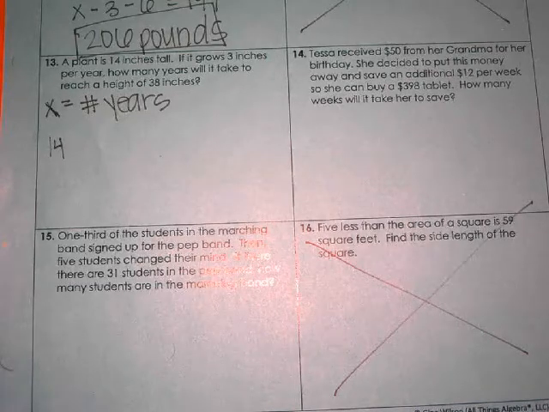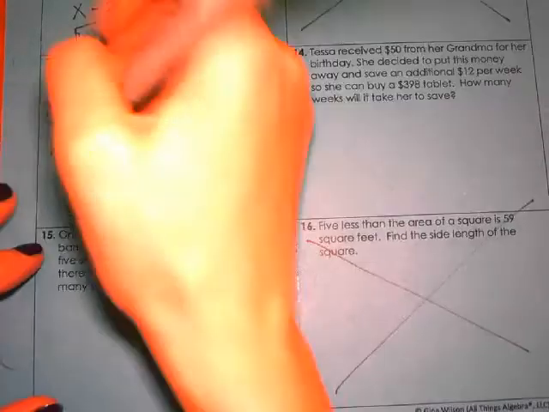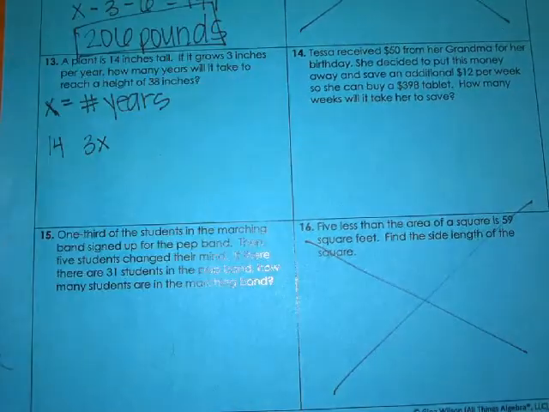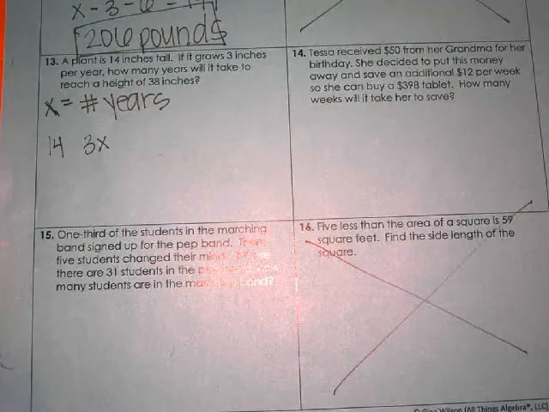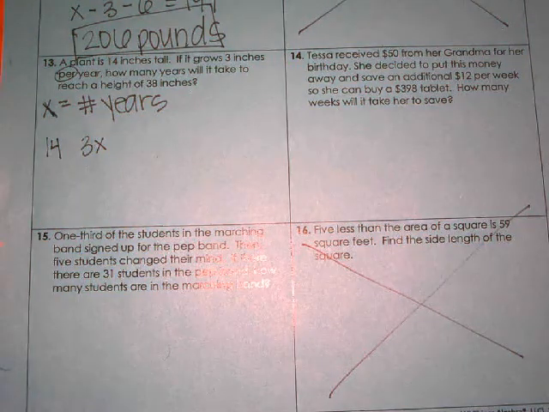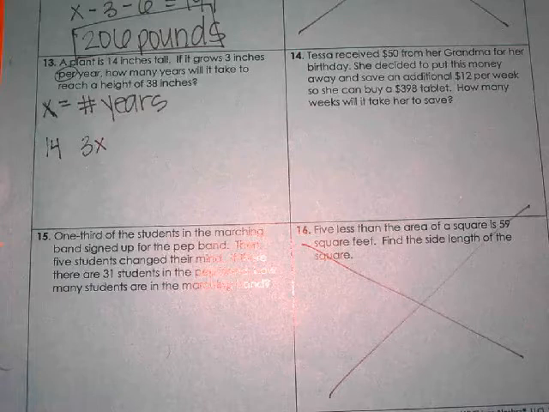How do I write 3 inches per year? Do I know how many years? No, that's what I'm finding out. That's why it's my x. The word per means to multiply, so you're doing 3 times years, which is 3 times x, because we don't know the amount of years.